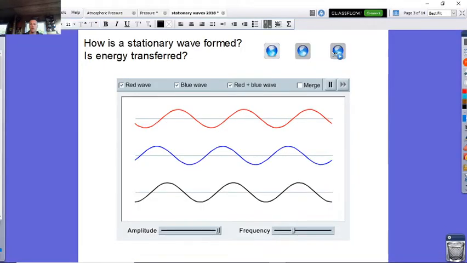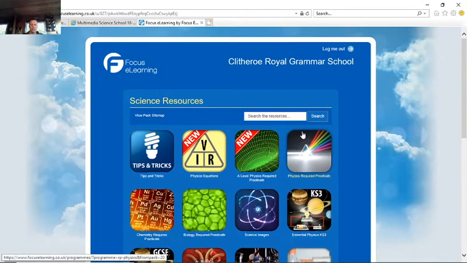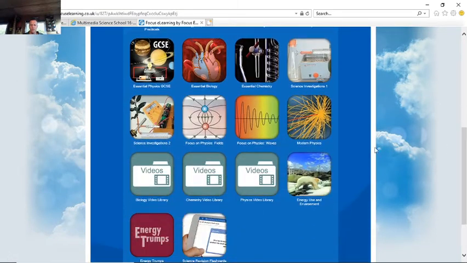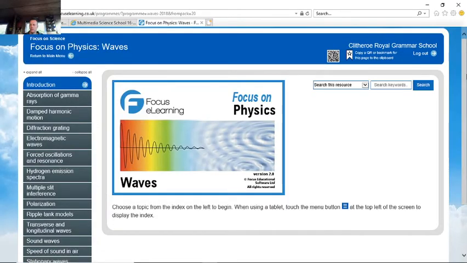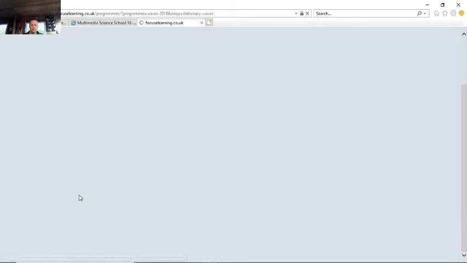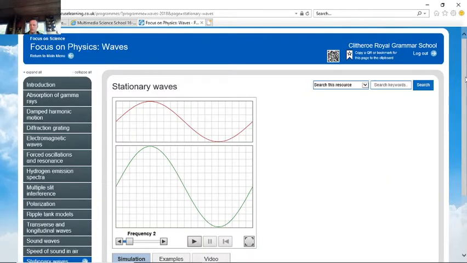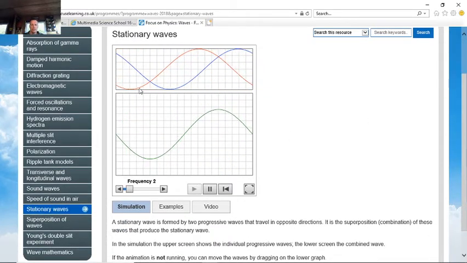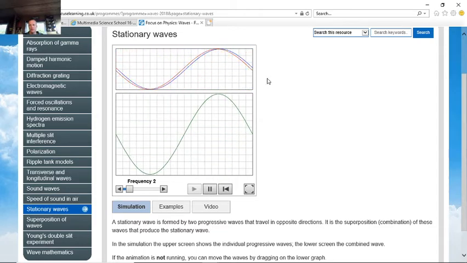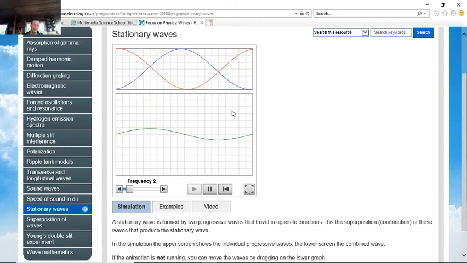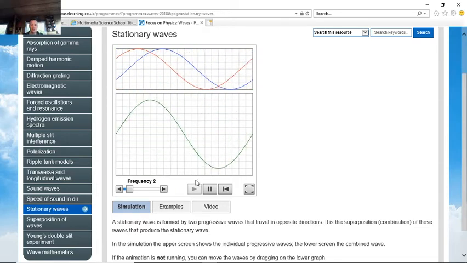Also, I'll upload the link to it, on Focus e-Learning, you can go and have a look at how stationary waves are formed. If you go down to waves, and then further down to stationary waves, I don't think it's quite as good as the one I showed before, but you have a play around with it. Here's going to be the blue wave going to the right, the red wave going to the left, and here's going to be your stationary wave.